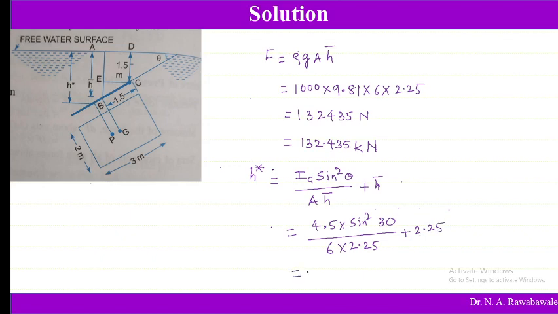So this we simplify as 4.5 into sine square 30 divided by 6 divided by 2.25 plus 2.25. So this is 2.33 meter.